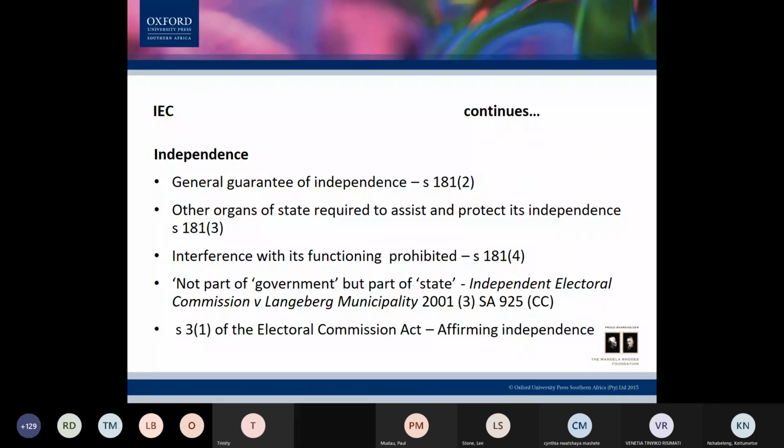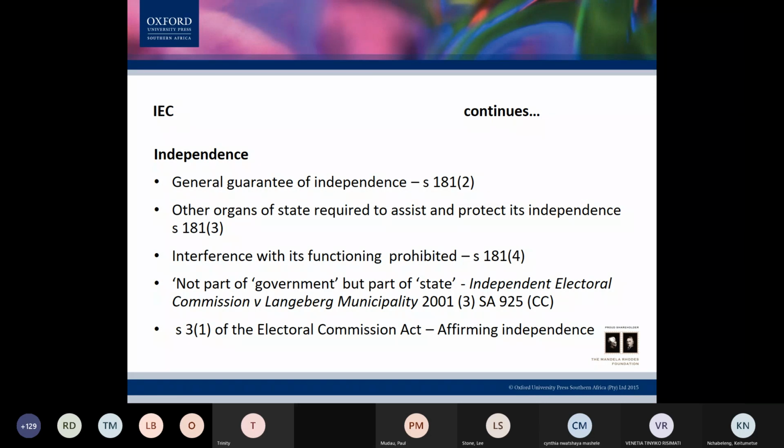And again, interference with the work of the Electoral Commission is prohibited in terms of subsection 4. In the case of Independent Electoral Commission versus Langeberg Municipality, which was delivered in 2001, the court held that the IEC does not form part of the government, but forms part of the state.